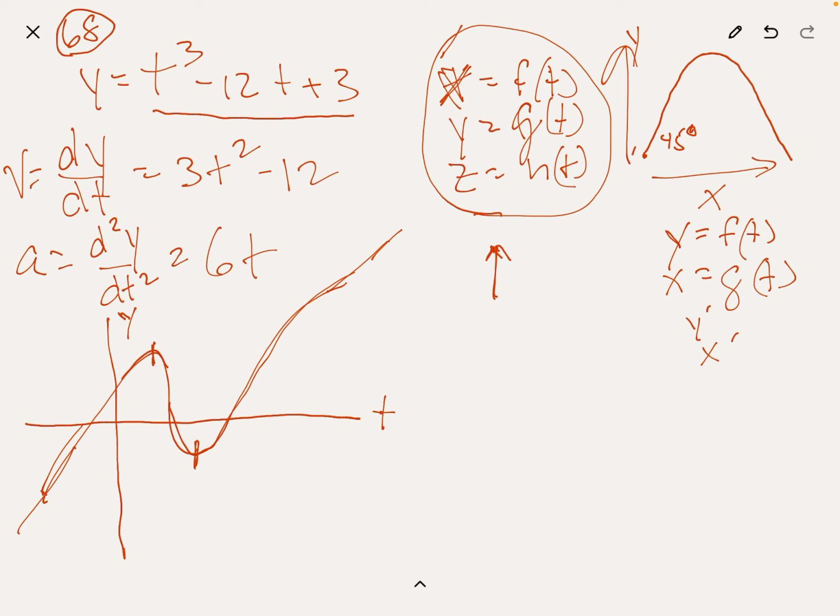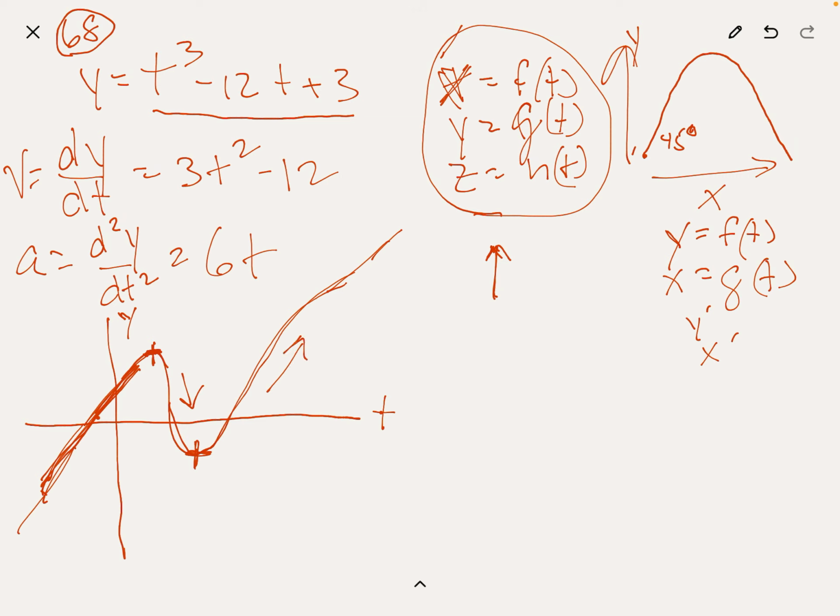The particle is going up when the slope of this graph is positive, right? That means y is increasing. And then it's going to reach a stationary point, or a maximum, if you will, up here, and a minimum down here. So it's going down, y is decreasing here, and increasing here.